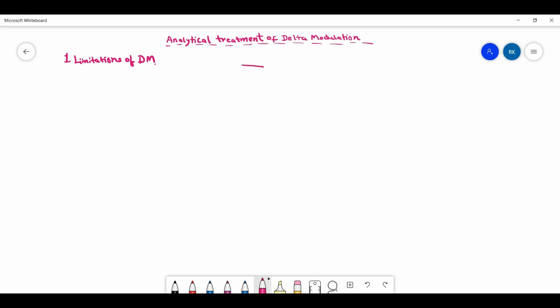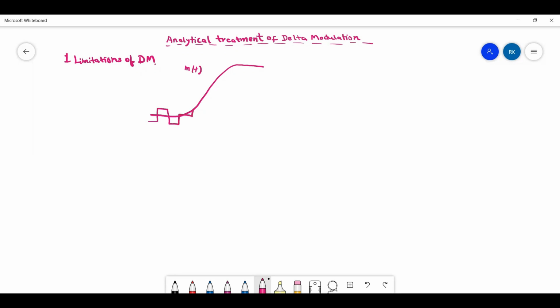Suppose you have a message signal like this. So let's call the signal m(t), and you are going to approximate the signal using a staircase function with a particular step size.